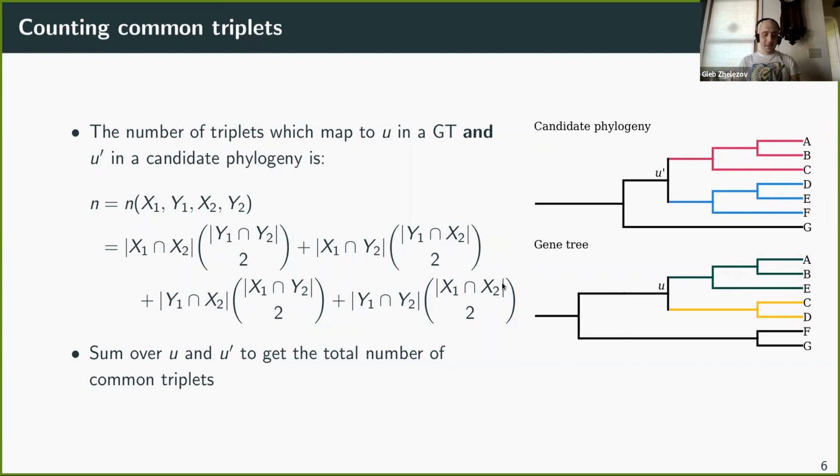And once you have that, you can sum over every node in one tree and the other tree to get the total number of common triplets between both trees.